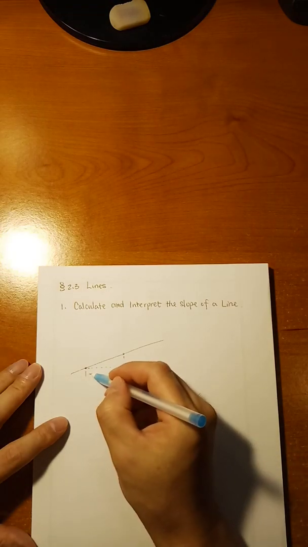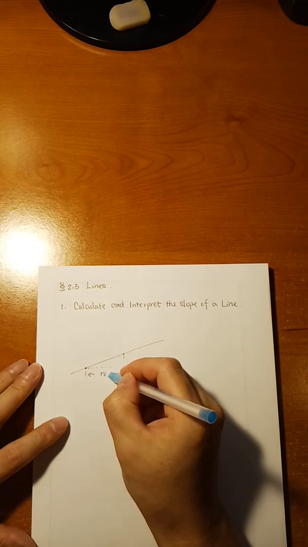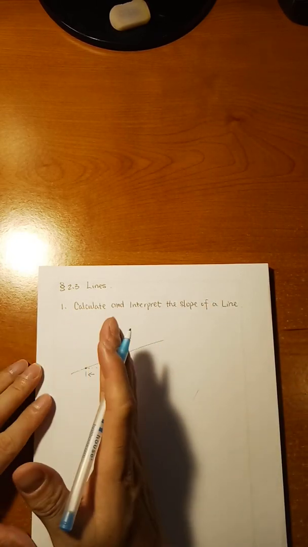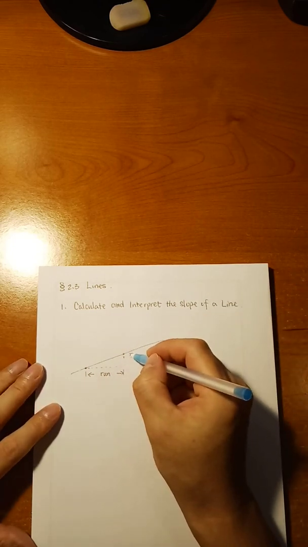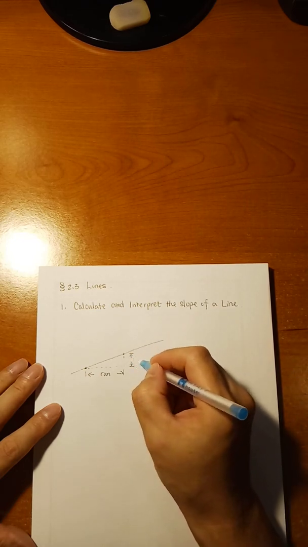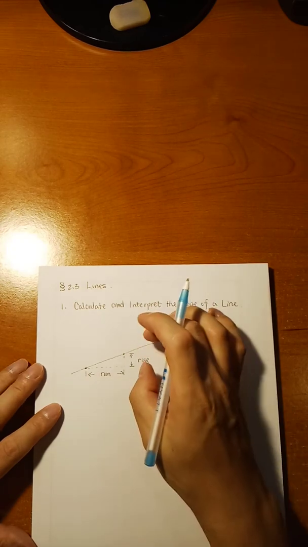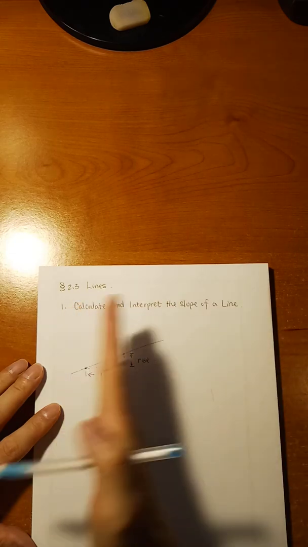The horizontal distance is called the run, and the vertical distance of 2 points is called the rise. So you have a run, you have a rise. Rise is vertical, run is horizontal.